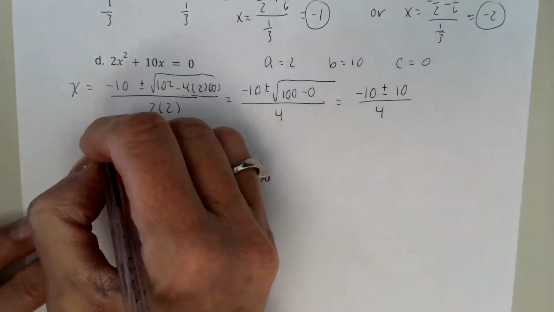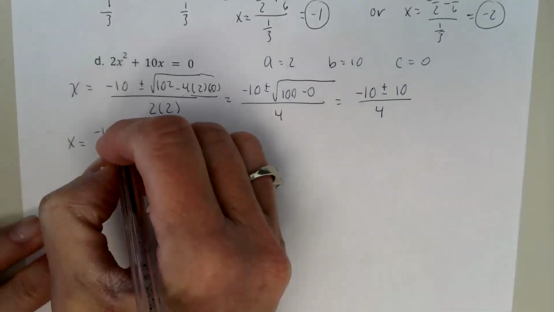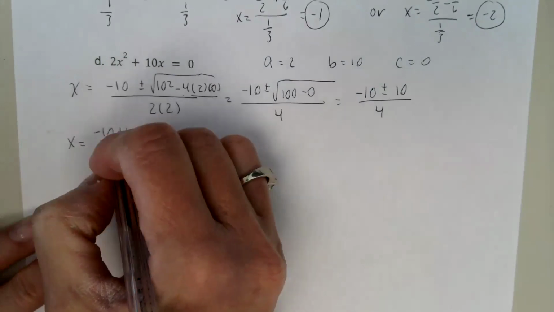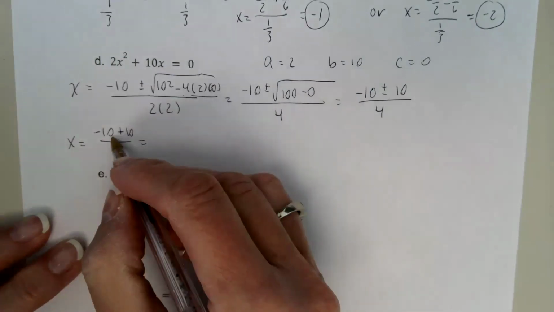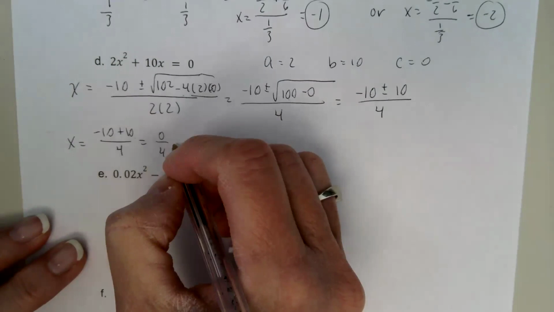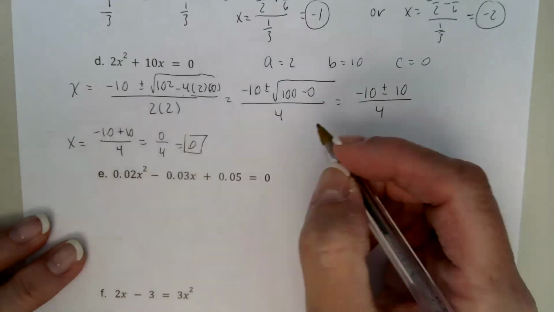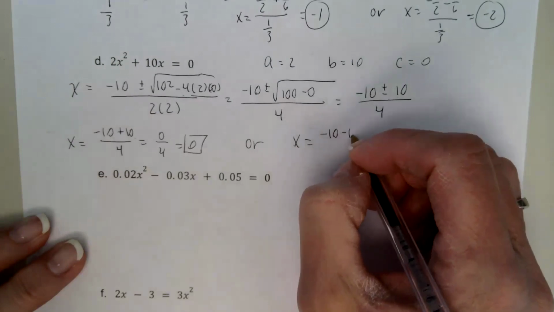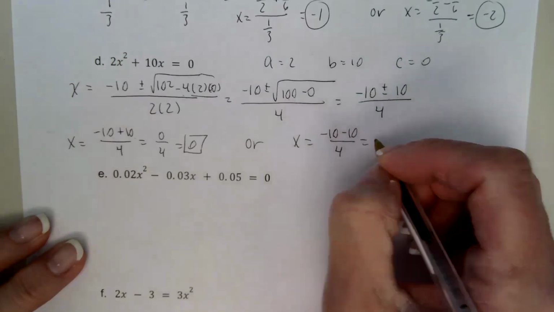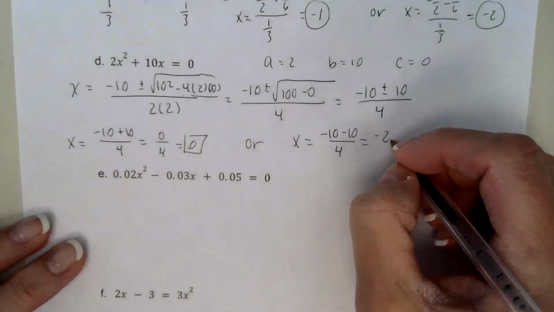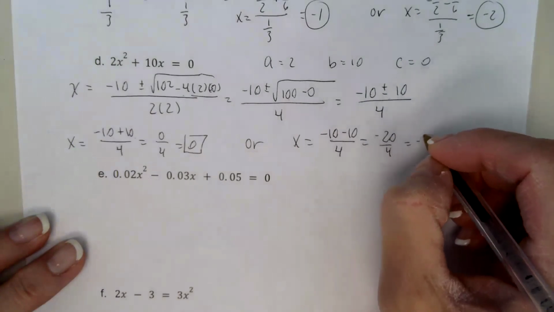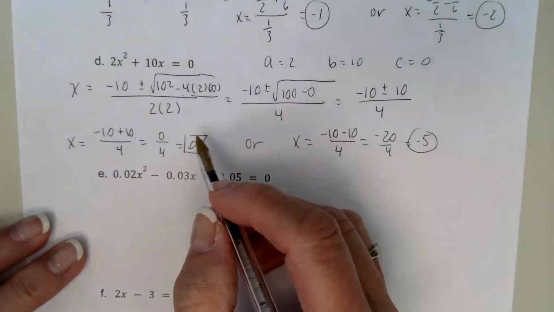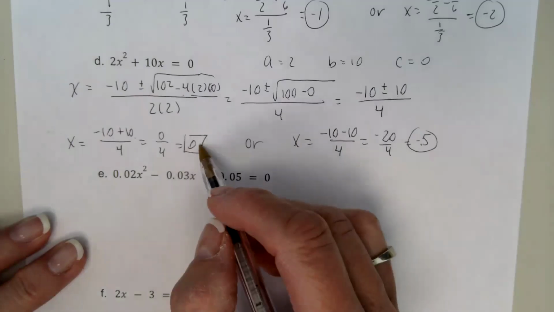So x is equal to a negative 10 plus 10 over 4. That becomes 0 over 4, which is 0. Or we have x equals a negative 10 minus 10 over 4, which is a negative 20 over 4 or negative 5. So those are my two solutions.